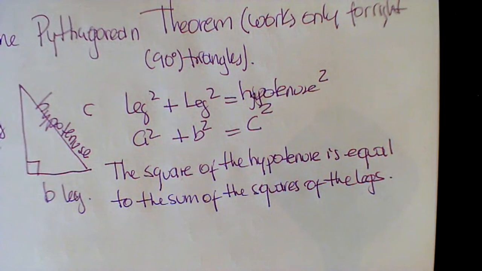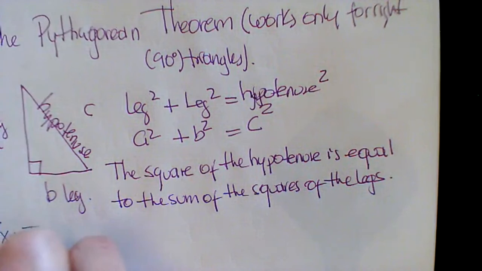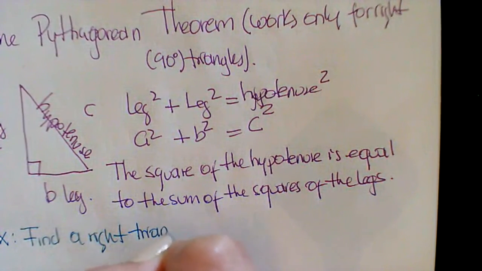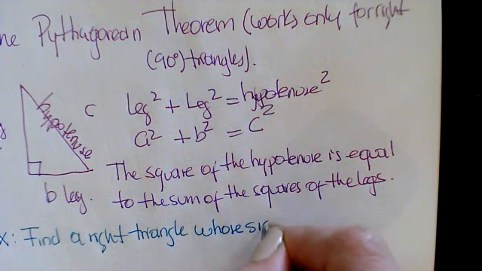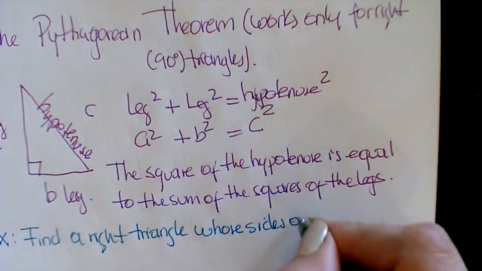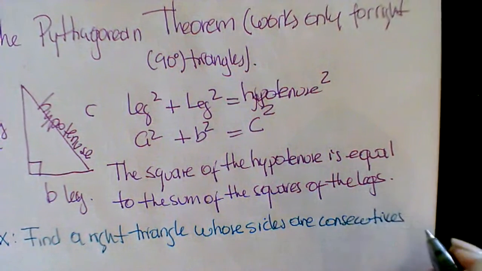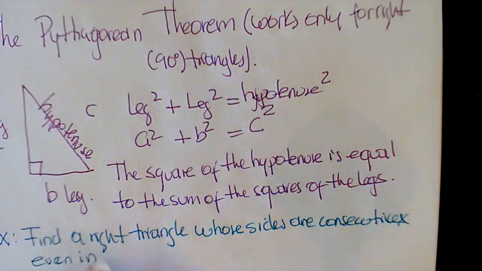Now, here's the exercise. It says, find a right triangle whose sides are consecutive even integers.